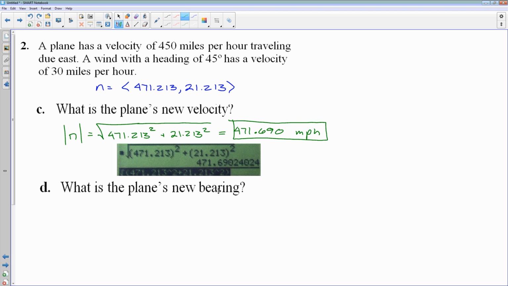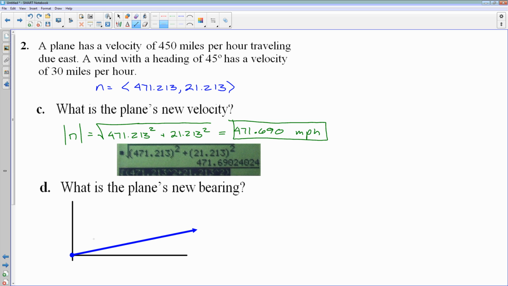Then finally, the plane's new bearing. I'm going to do the same thing I did on the last problem, and sketch it very roughly. My plane's new vector is to the right 471 and then up 21. So I'm going to go to the right 471 and then up 21.